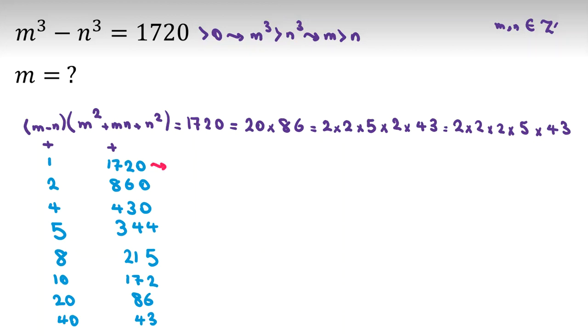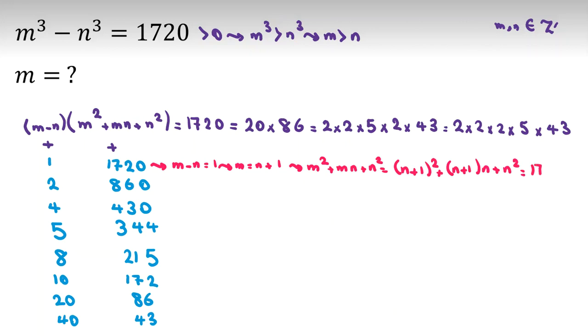Let's check the first case. m minus n is 1, so m is n plus 1. Now I replace here. Then m squared plus mn plus n squared equals (n plus 1) squared plus (n plus 1) times n plus n squared equals 1720. Now we use the identity (x plus y) squared equals x squared plus 2xy plus y squared.